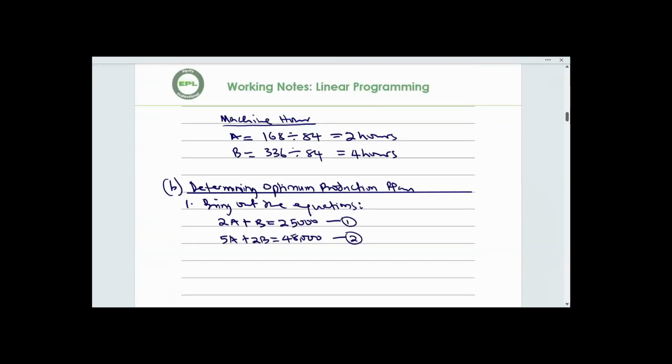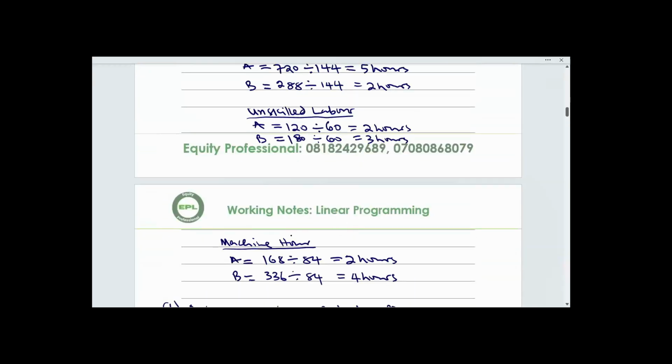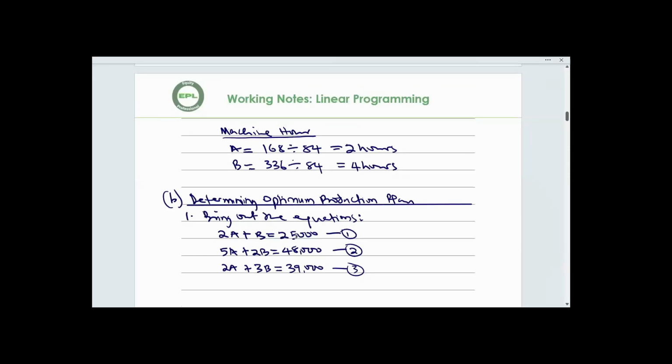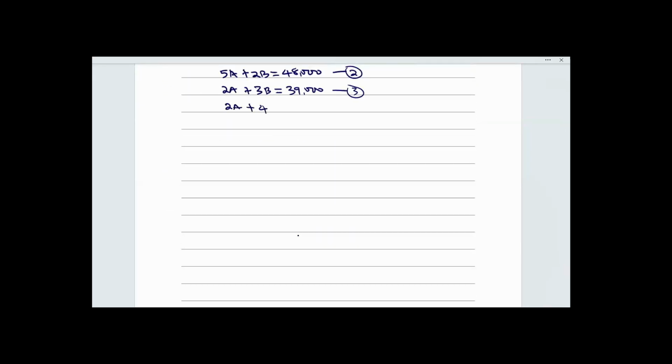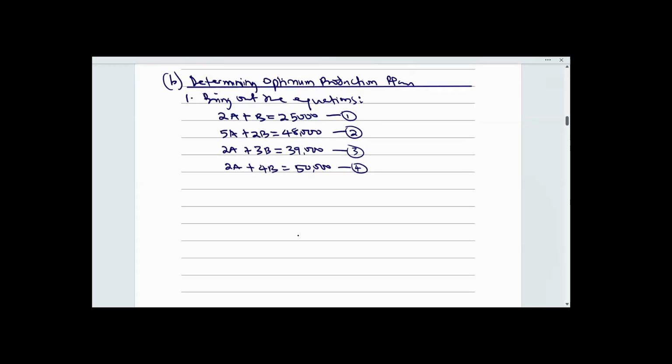Equation 3 is 2A plus 3B equal to 39,000. Equation 4 is 2A plus 4B equal to 50,000. So these are the 4 equations.